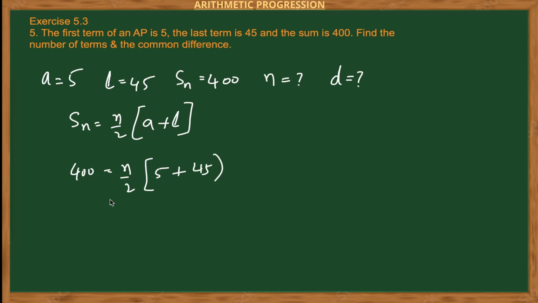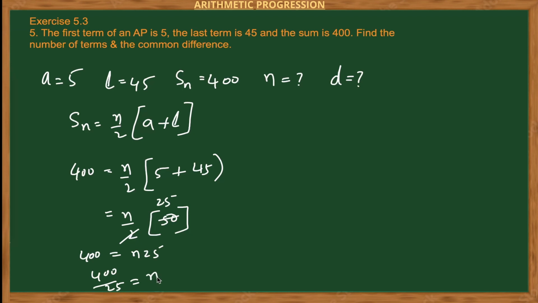Okay, so n divided by 2, 45 plus 5, 50. Okay, so further 2 ones are 25. So n times 25 is 400. So 400 divided by 25 is equal to n. Let's move down further.